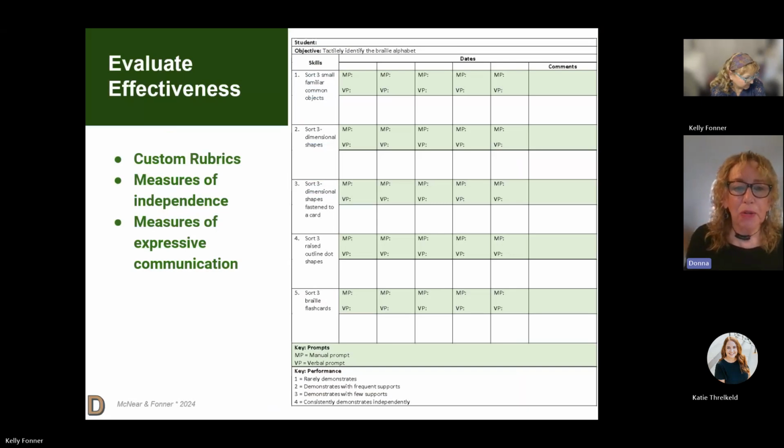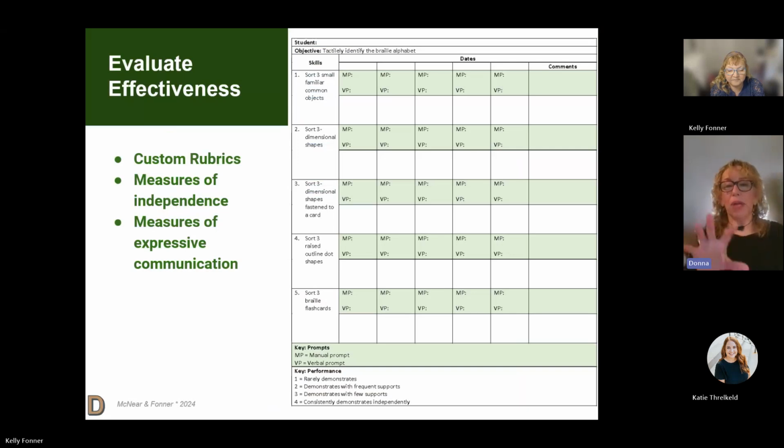And I do manual prompts and verbal prompts, and I keep record of all the prompting, because sometimes people don't realize how much they're prompting and how much the students' response is based on prompting. And then I have a key performance rubric at the beginning.